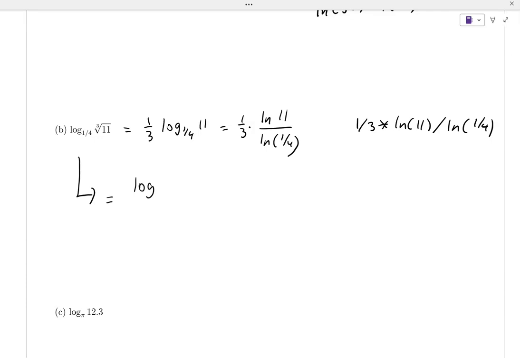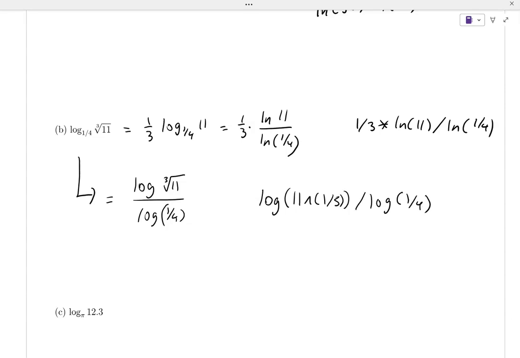And I'm going to flip it to common log because, again, it doesn't matter which one you do. If you typed this into your calculator, you'd have something that looks like this.